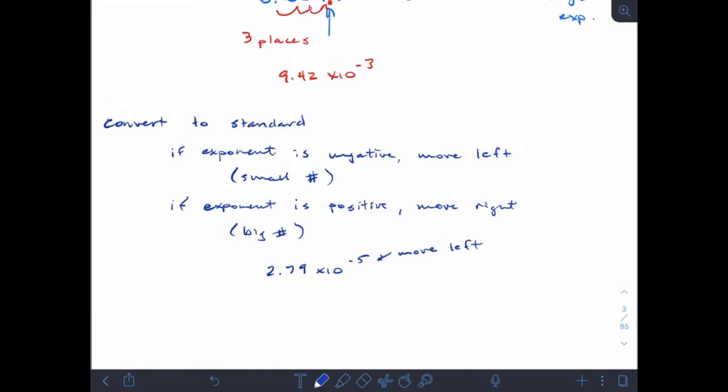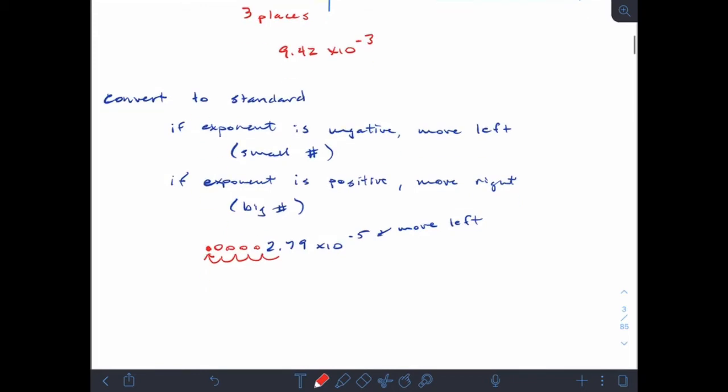All right, so I'm going to take my decimal place and go 5 places to the left to make it a small number. 1, 2, 3, 4, 5. So I'm going to put my decimal place right here, and I'm going to fill in the gaps with zeros. All right, so this number from scientific to standard should read out to be 0.0000279.